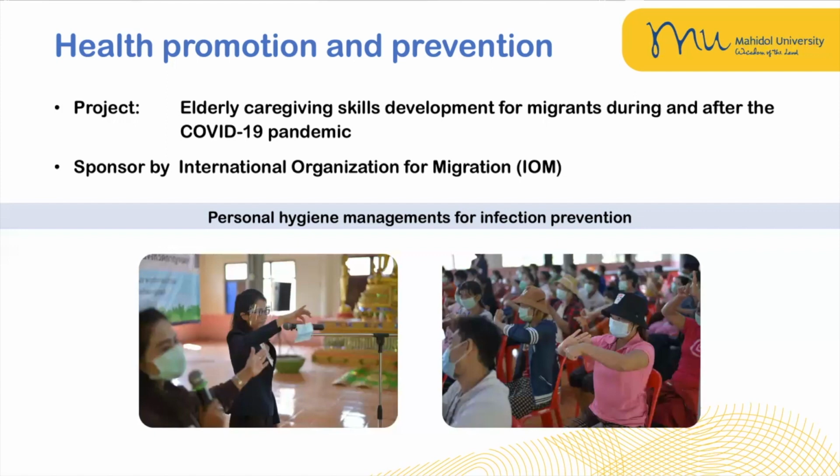If they have the knowledge, we can prevent some diseases such as COVID-19, because the topic we give them is personal hygiene management for infection prevention. It's about how to wear a mask and how to clean their hands.